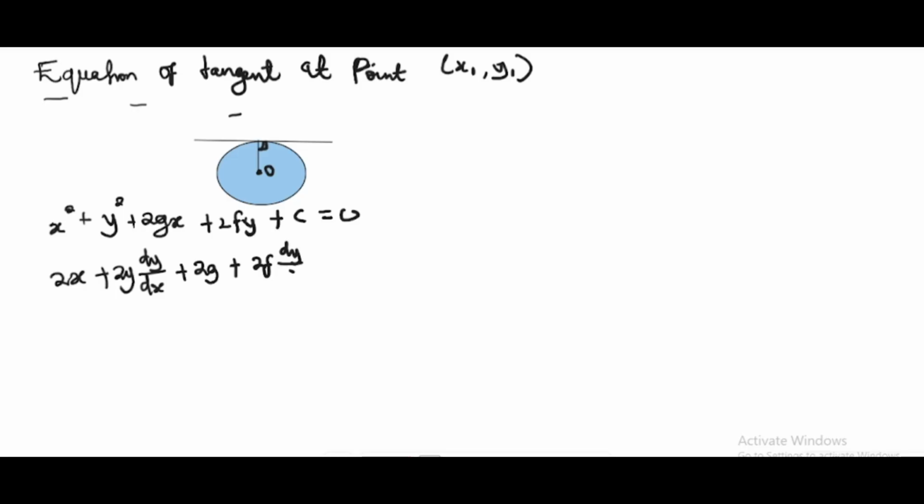So we have equal to what? 0. Differentiating a constant gives you 0. So every term here that has dy/dx, we leave them on this side of the equation, plus 2f dy/dx, then taking the other ones to the other side, we'll have minus 2x minus 2g.